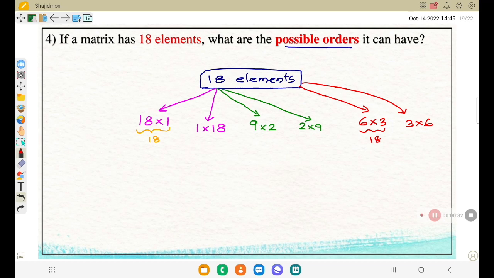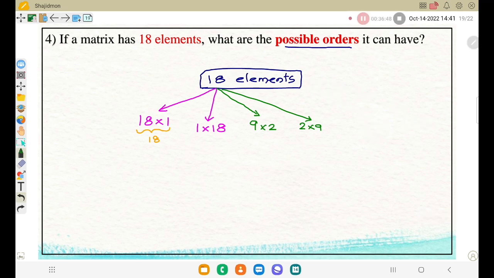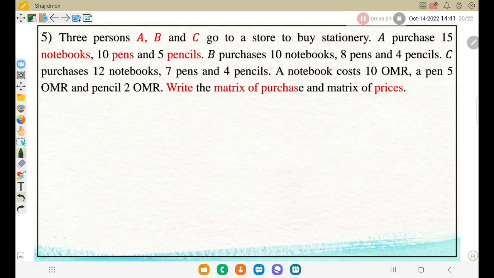I hope you understood this question. Now we will go to the next question, question number 5. 3 persons A, B and C go to a store to buy stationery. A purchases 15 notebooks, 10 pens and 5 pencils.